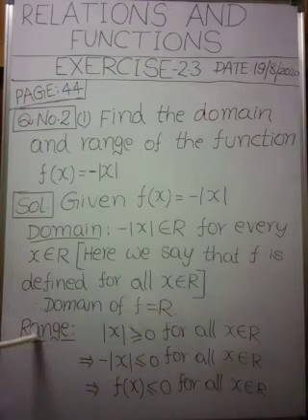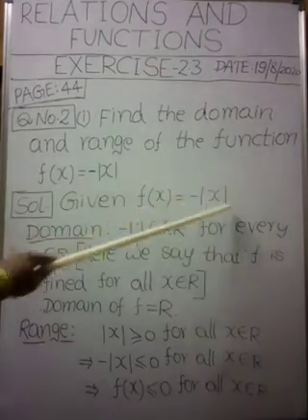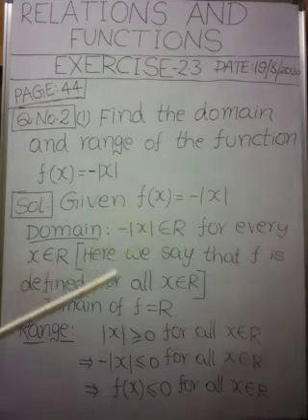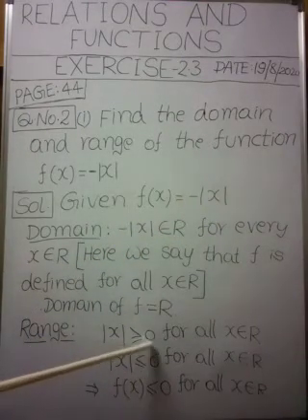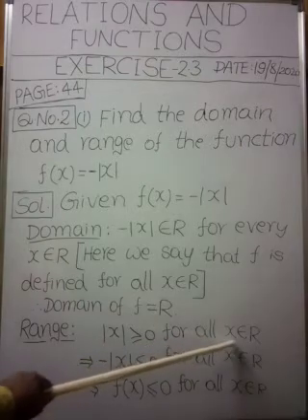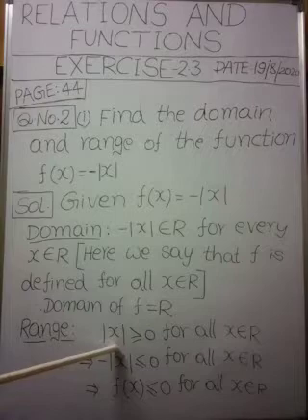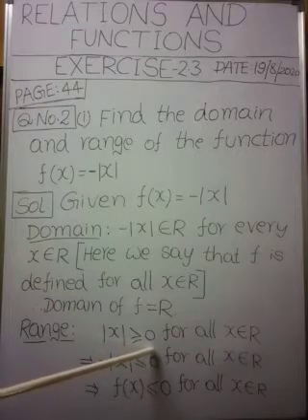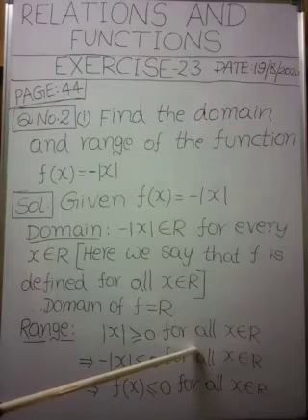Right. Now come to range. Range means these function values. Now mod x is greater than or equal to 0 for all x belongs to R. If you take any real number, then the modulus value is always greater than or equal to 0. You know this result, my dear children? Right.